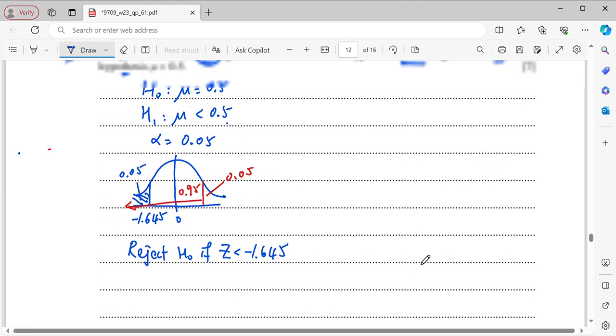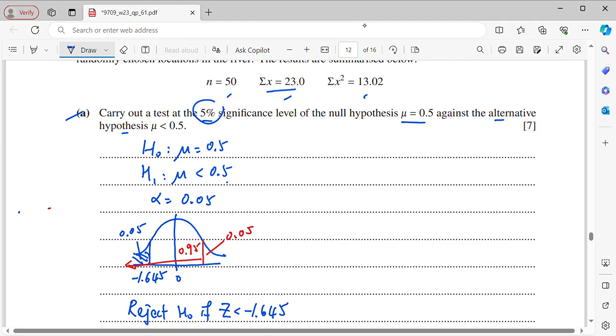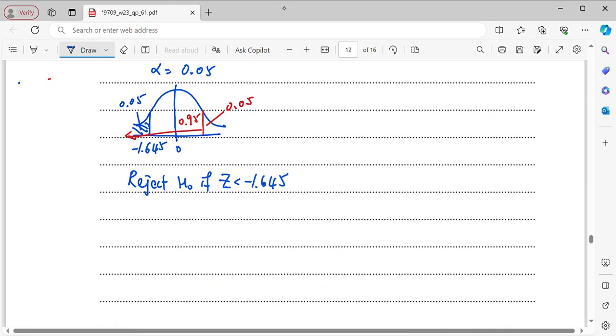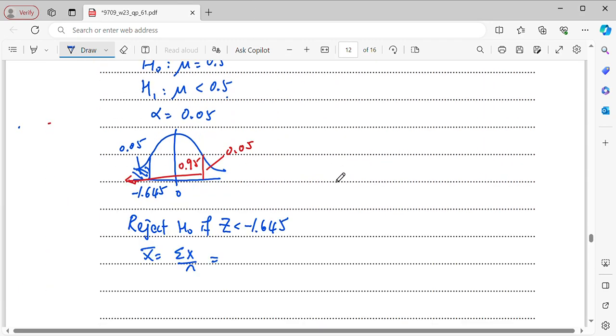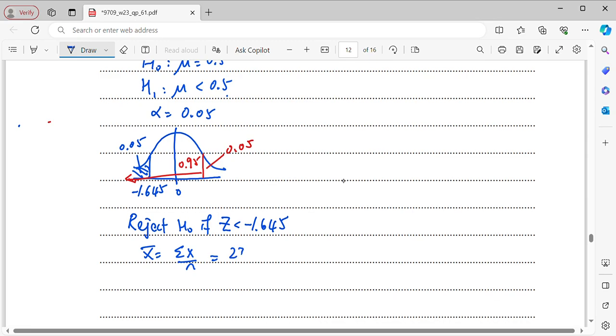Okay, so now you are given the summation x and summation x squared. We need to calculate the mean and variance. So then, now x bar is summation x over n. This is going to be the 23.0 over 50.